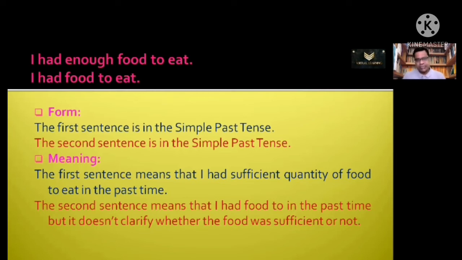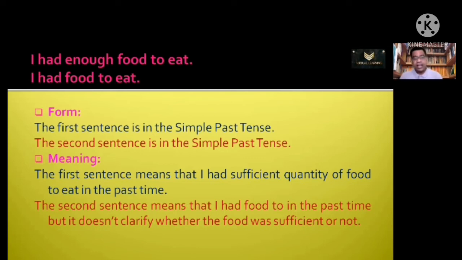The first sentence means that I had sufficient quantity of food to eat in the past time. Whenever I had my food, probably I finished my course of taking food. So when I had it, that time, I had enough quantity, I had sufficient quantity of food to eat.